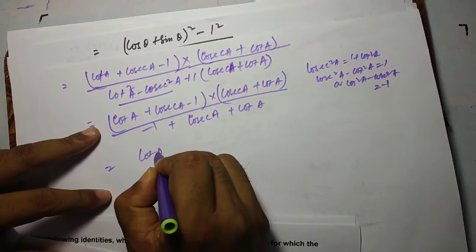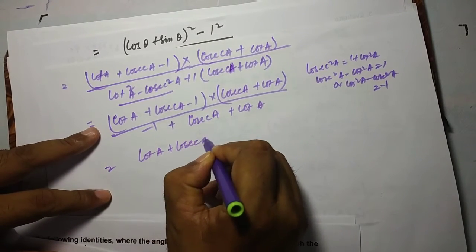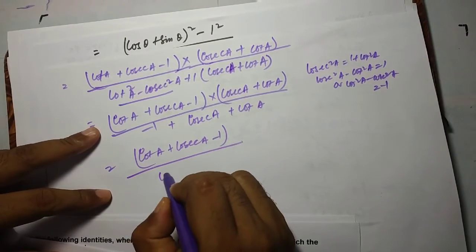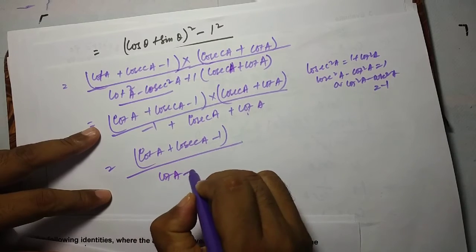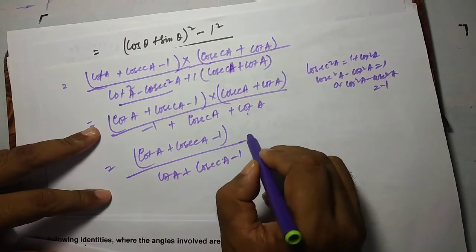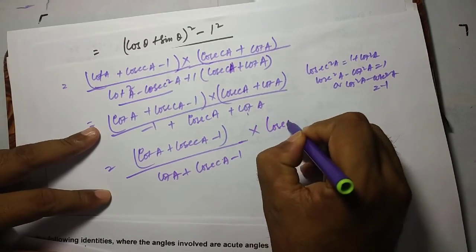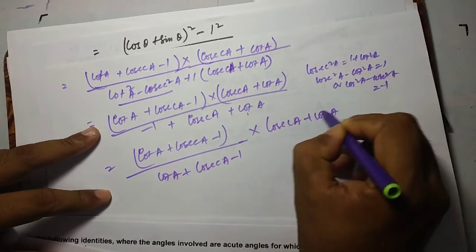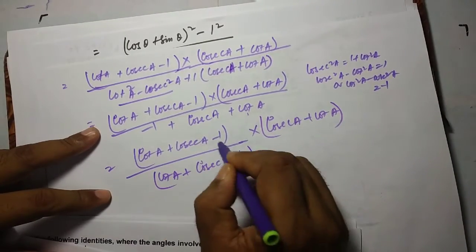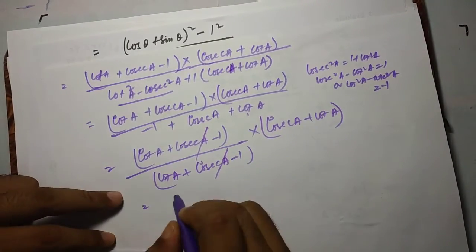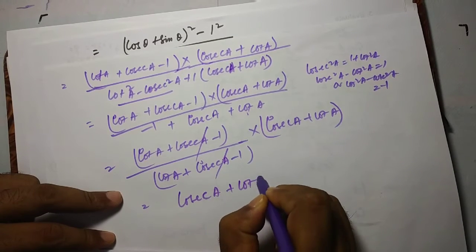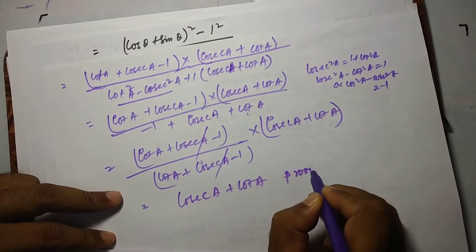So this is cot A plus cosec A minus 1 over, rearranged again, cot A plus cosec A minus 1, and on top it was cosec A plus cot A. So this is the same quantity, you just cancel it, it is neutral. So it will only remain cosec A plus cot A. So this is the RHS proved.